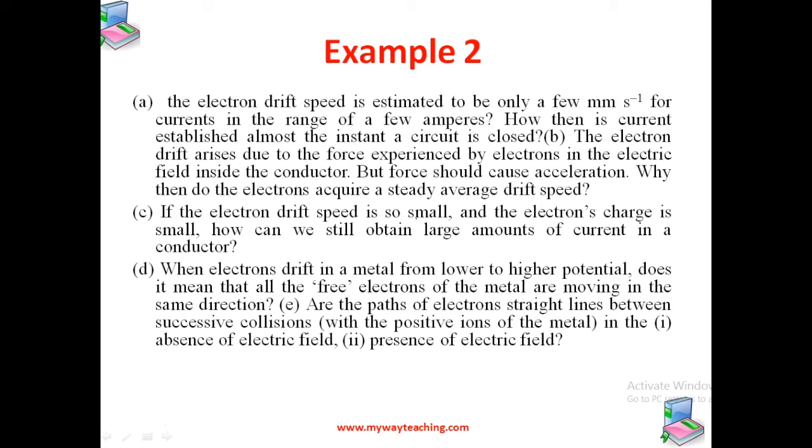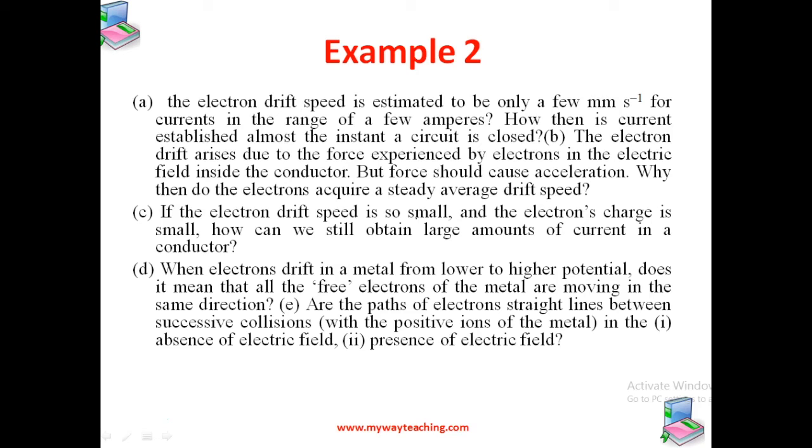Next. When electrons drift in a metal from lower to higher potential, does it mean that all the free electrons of the metal are moving in the same direction? By no means. The drift velocity is superposed over the large random velocities of electrons.